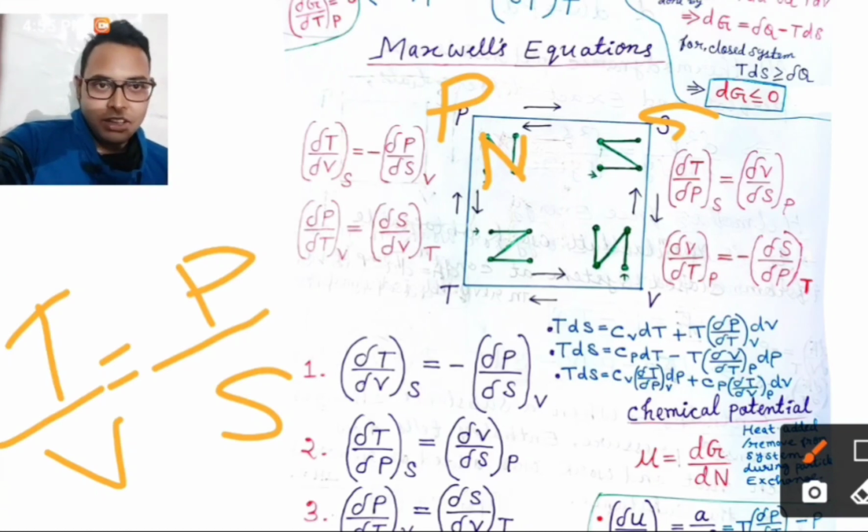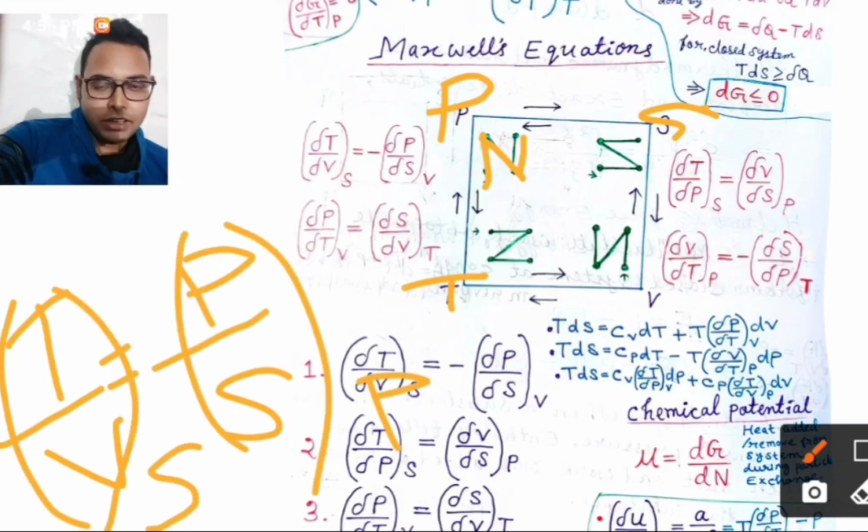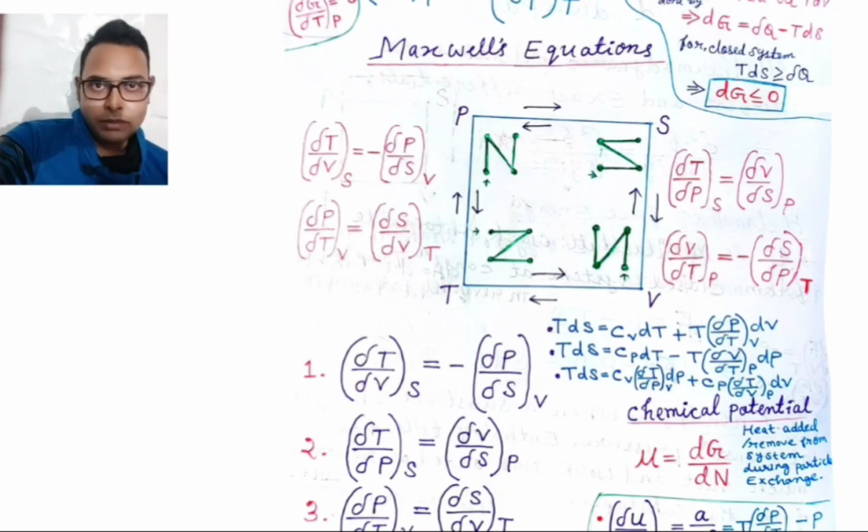Then what will be the constants? There is T and second is P, so P will be the constant. First will come S, then comes P, enclose them in brackets. S will be constant and P will be constant. Okay, this is the first Maxwell equation.